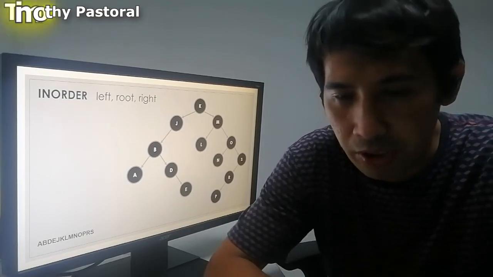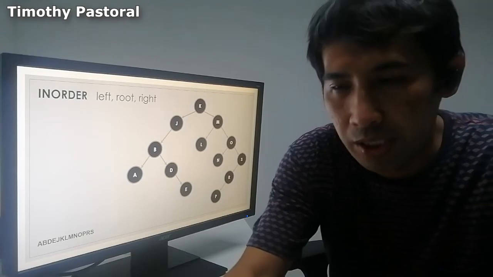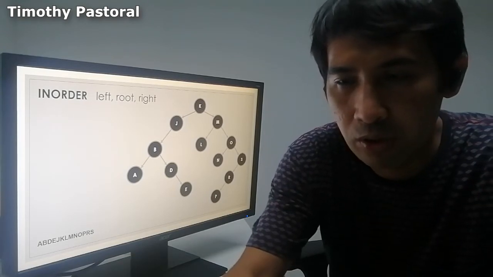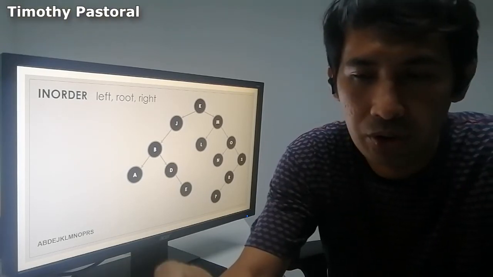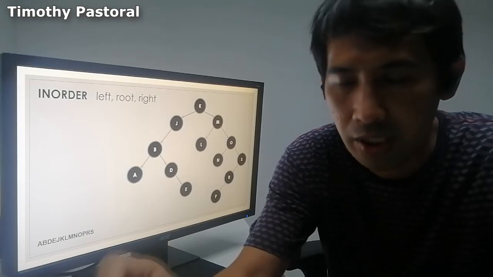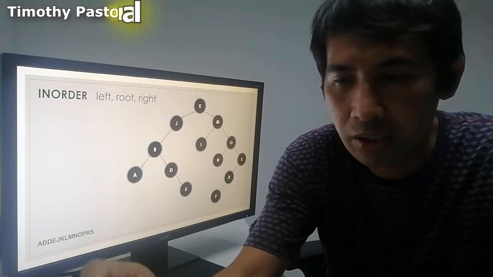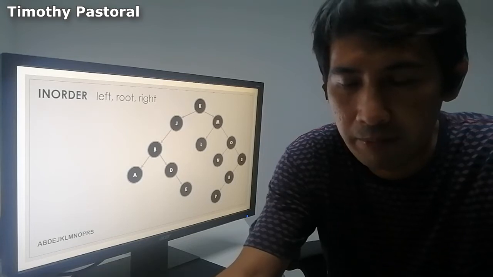And after this, we're going to jump up to the letter J. And after J, since J is the left child of the root K, we're going to add J and then letter K, followed by letter L. Why letter L?